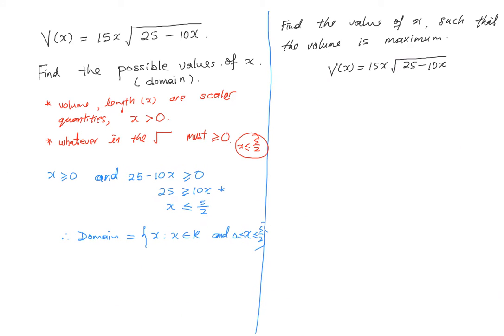Who still can remember? If I have this type of function, I don't have to use the product rule to differentiate this. I have a better way of doing it. So what is it?